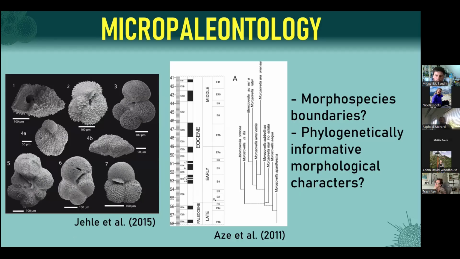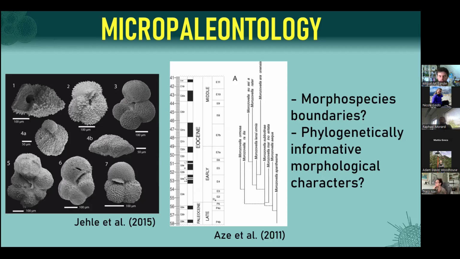That would be the same with radiolarians. And there are two fundamental things where genetics can help micropaleontologists. One is to interrogate what the morphospecies boundaries are, because there is extremely large morphological variability within these morphospecies. And also to ask what are the morphological characters that are phylogenetically informative.